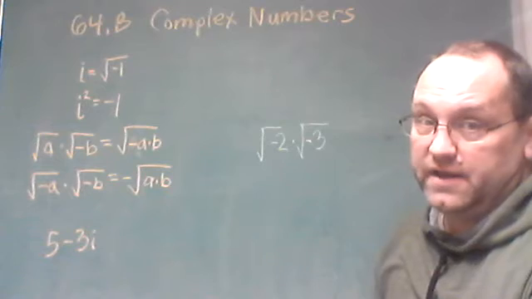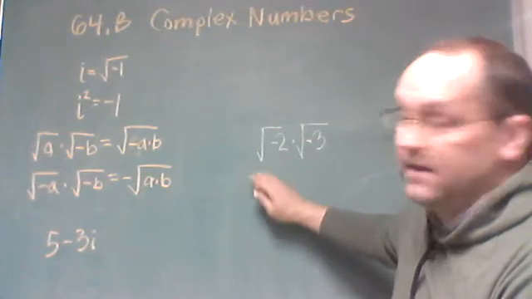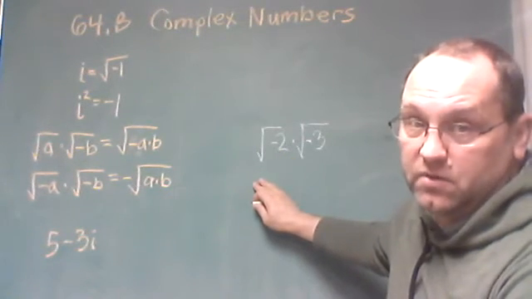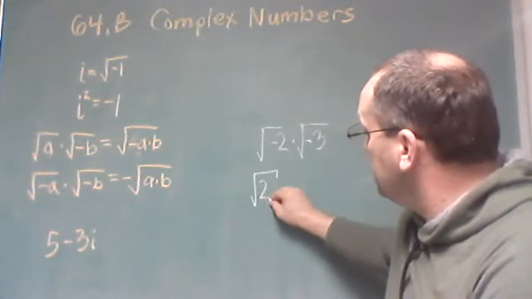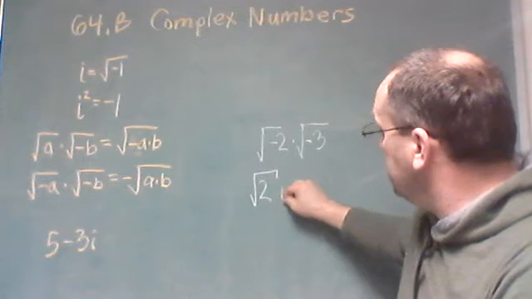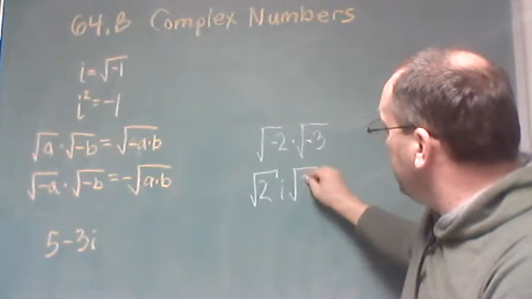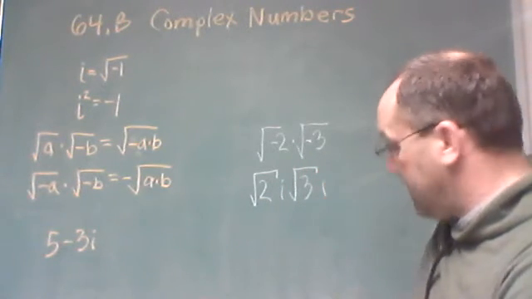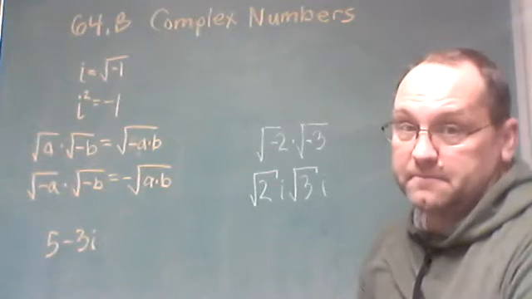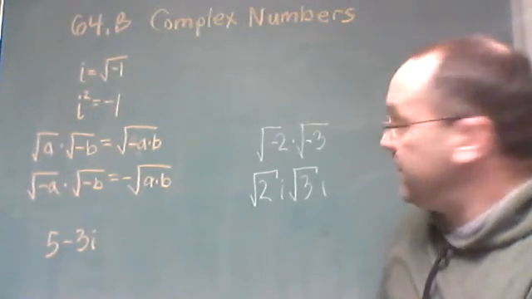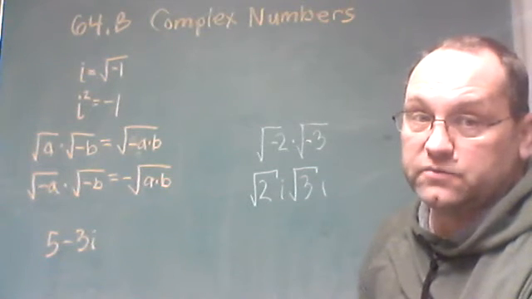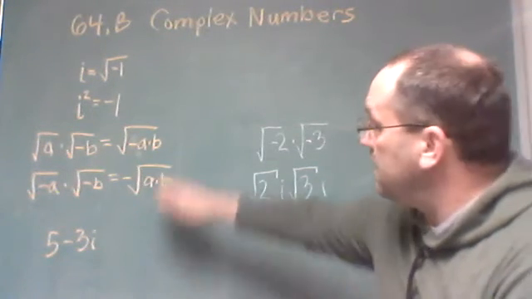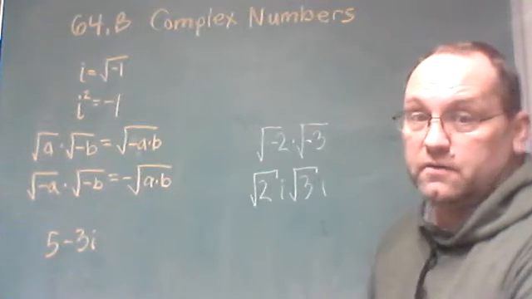So the drill is we're going to get rid of that negative symbol by replacing it with an i. So the square root of 2 remains, and the square root of 3 remains, and we get i. Now we have two positive numbers underneath the radicals. We can multiply those as normal according to this rule up here.